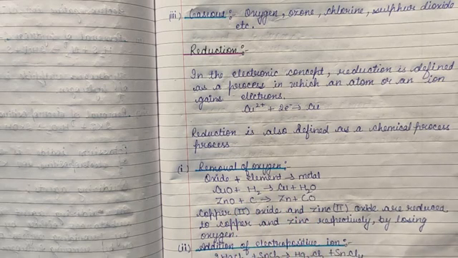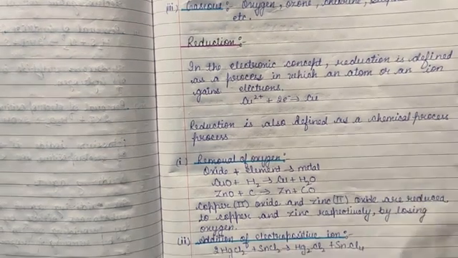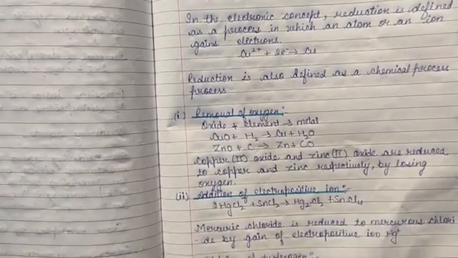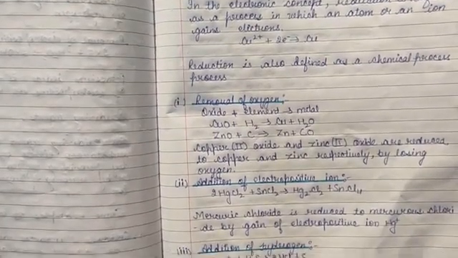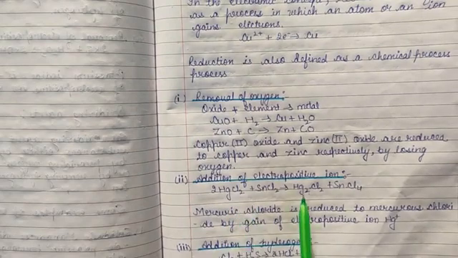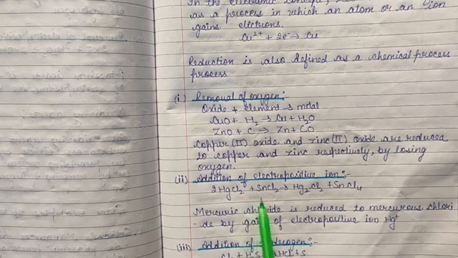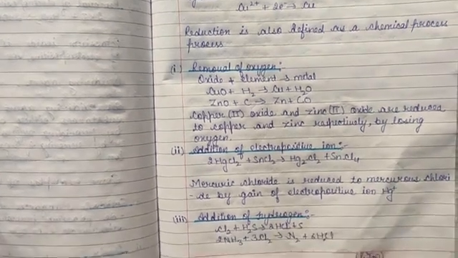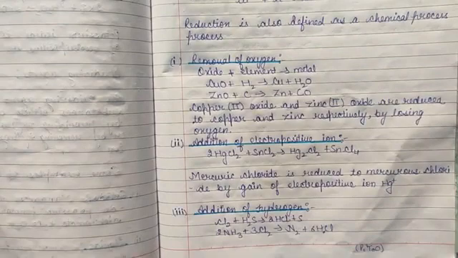Now move on to the second process, which is the addition of electropositive ion. In this reaction, students, mercuric chloride is reduced to mercurous chloride by gain of electropositive ion Hg+. Right? Now move on to the third process, which is the addition of hydrogen.